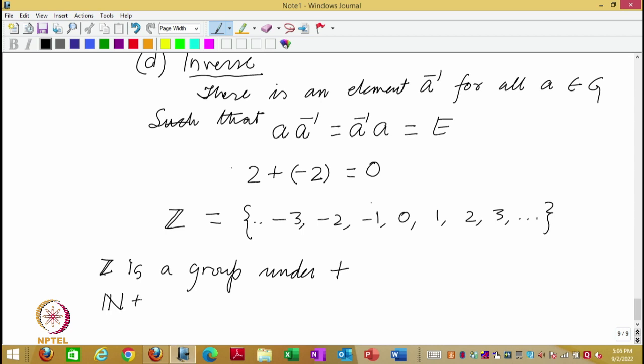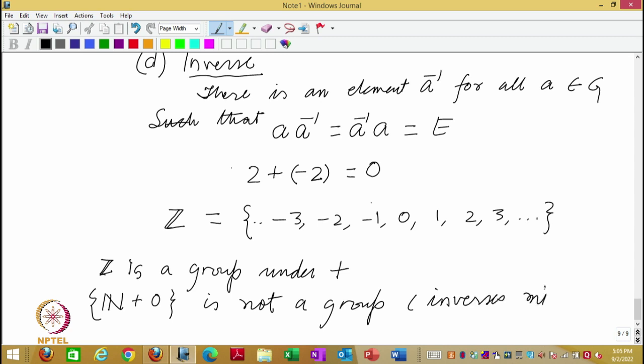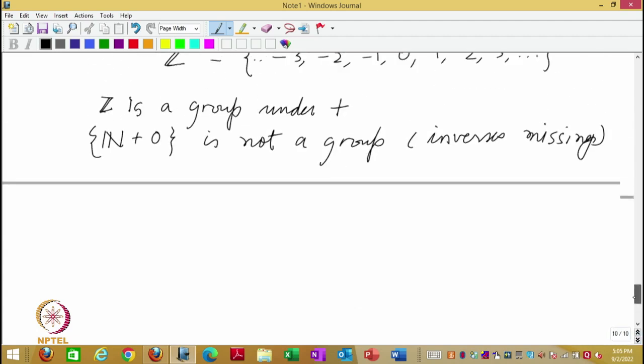Natural numbers with 0 are also not a group, because inverses are missing. The other 3 properties were there, but inverses are missing.